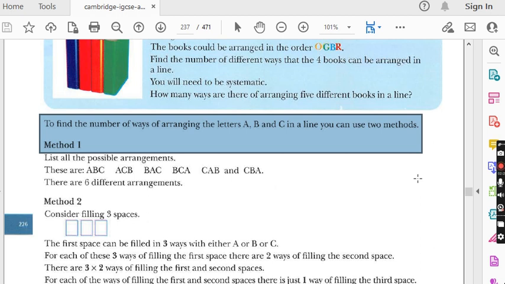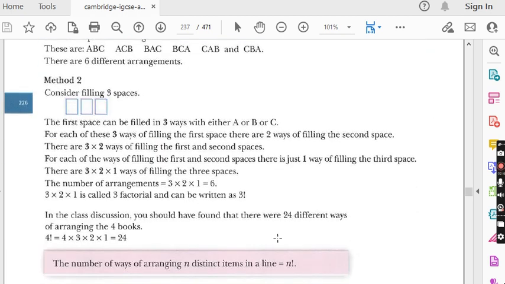So there are 6 different arrangements, but this is a very lengthy way to write the arrangements. If we have 5 or 6 letters, then it will be impossible to make arrangements in this way. So we will go to method 2.